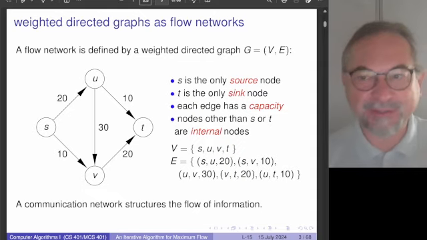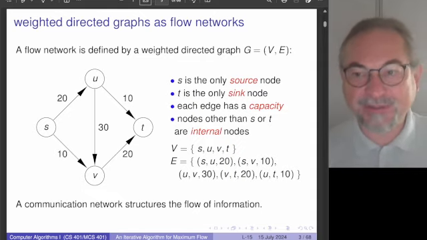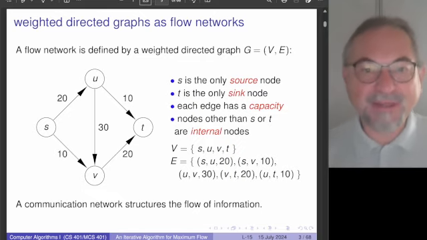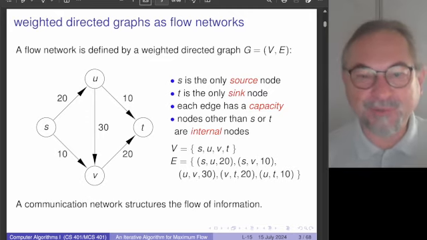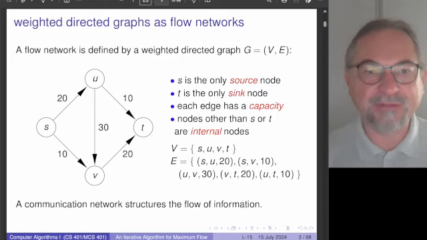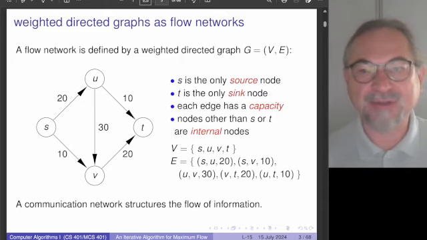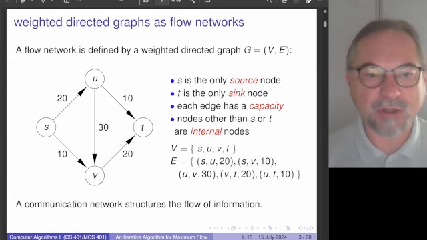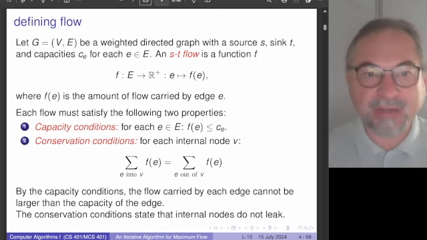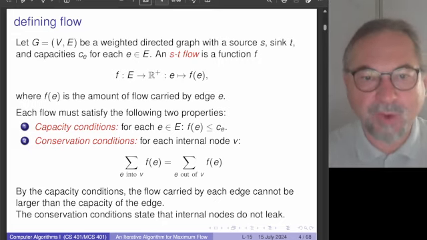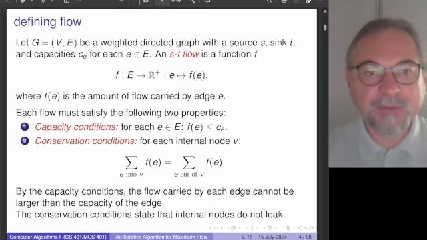Typically, what we study in computer science are algorithms to process information. Here, a good application is to study the flow of information and to look at our graph as a communication network. So what do we mean when we say flow? Well, flow is a function on the edges.